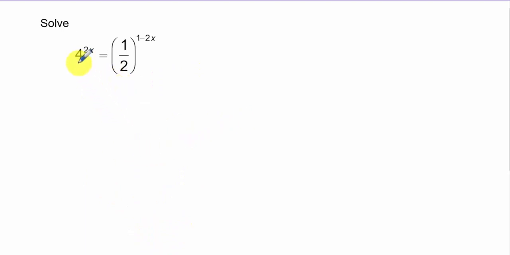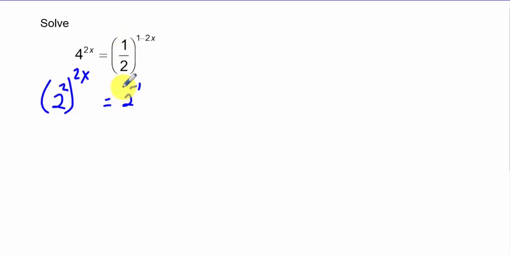Similarly, I have a base of 4 here and a base of 1/2 here. I usually like going to the lowest term, so 2 is my low base, I'm going to say, and if I can put both these in a base of 2, I'm happy. 4, not a problem, that's 2 squared. Raise the 2x. 1/2 is 2 to what power?